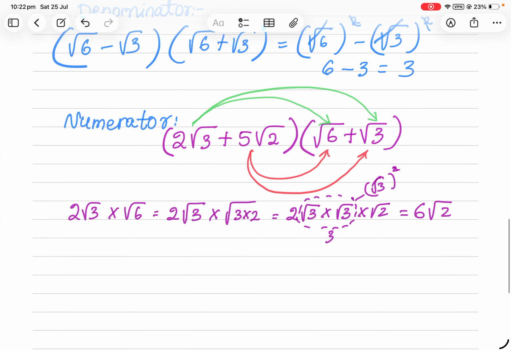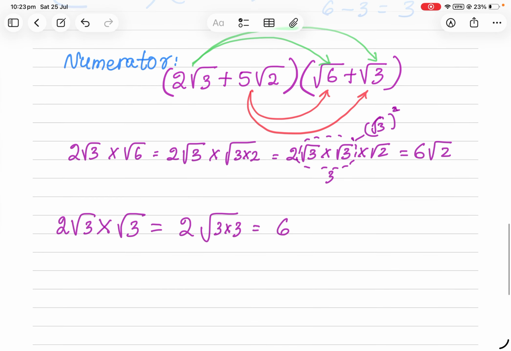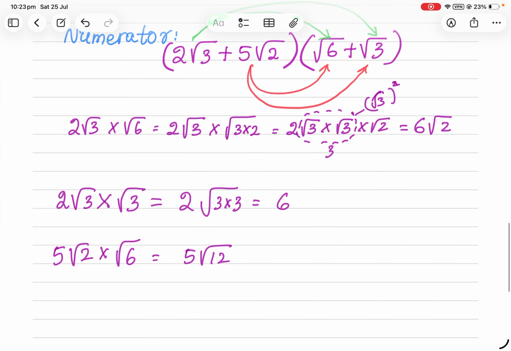Now for the second green arch, which is 2 square root of 3 times square root of 3, it is nothing but 2 times 3, which is simply 6. Now for the red arch, which is 5 square root of 2 times square root of 6, there's nothing much we can do, which is nothing but 5 square root of 12.